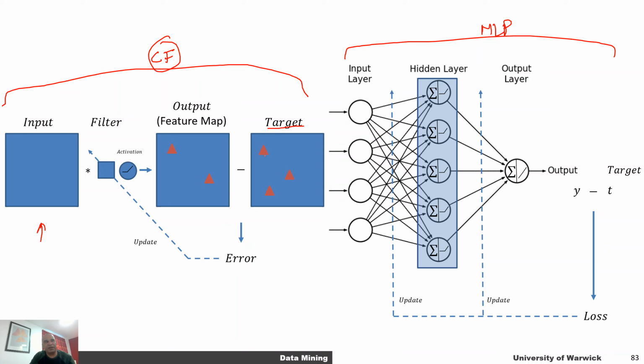We first use that information, and then we try to learn the filter so that we learn to detect that particular object. And then we flatten this output vector into a single vector, and feed that as an input to the next one to say what type of object it is, right?